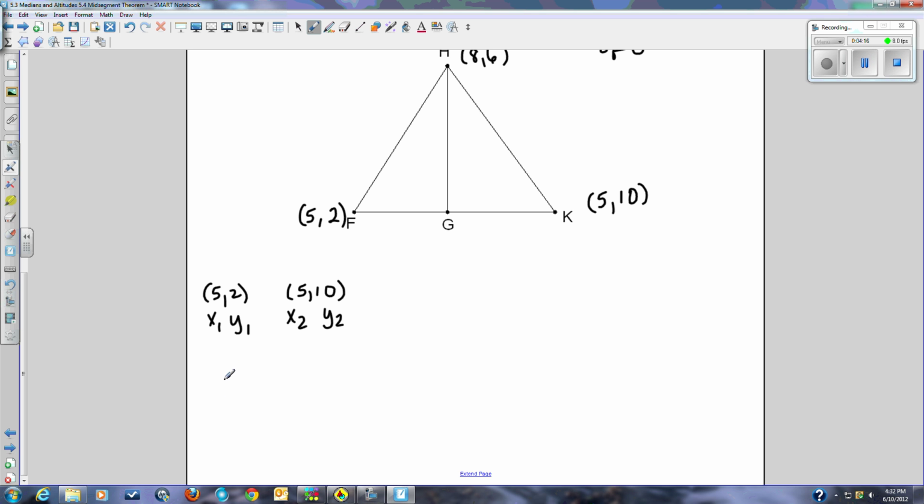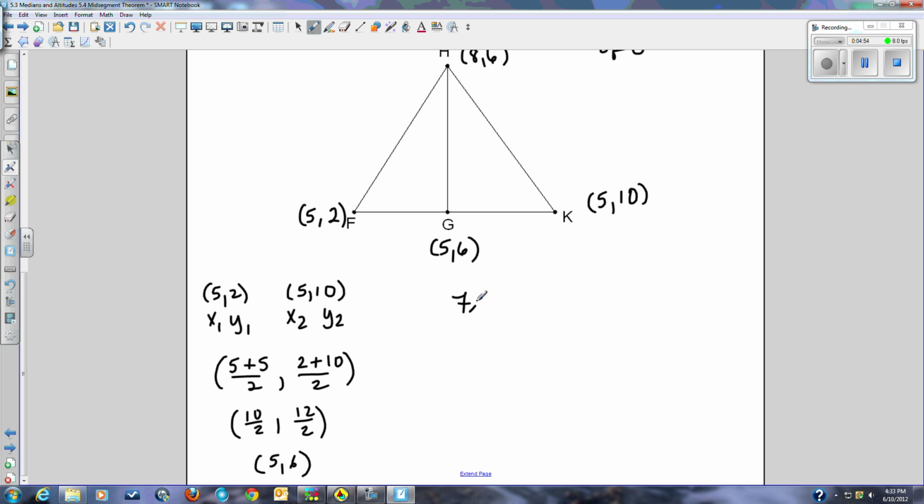So let's find the midpoint. We add our x's, 5 plus 5 over 2, and then find our y value. We add our y's together, 2 plus 10 divided by 2. So we get 10 over 2 and 12 over 2, and it looks like we get 5, 6. Those are the coordinates of point G.